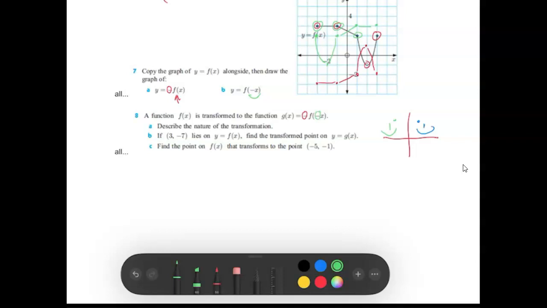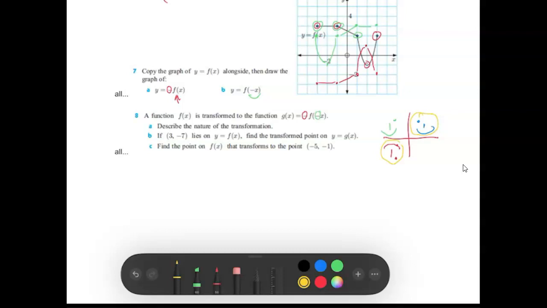And then if I then did a vertical reflection of the green one, I would end up with this, right? And so if I go back, what I'm going to do now is compare the red one with the blue one. So what is the transformation to go from the blue one directly to the red one?